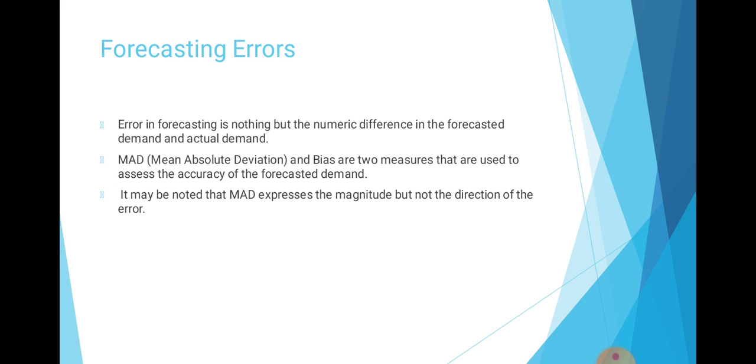Once again, I tell you what is meant by forecast error. It is the difference between the actual value and the forecasted value. It may be noted that mean absolute deviation expresses the magnitude but not the direction of the error.